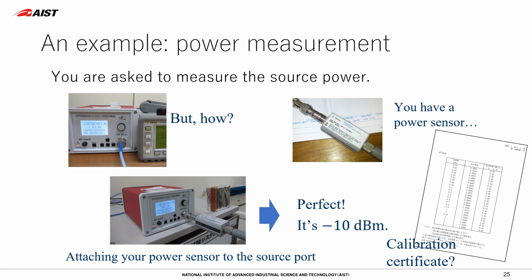If you got your power sensor calibrated by an accredited calibration laboratory, you must apply the correction factor to the measured power first. This is systematic error correction. If we don't get the power sensor calibrated or apply the correction factor to the measured power, the systematic error remains unknown, even though the estimated uncertainty was small.